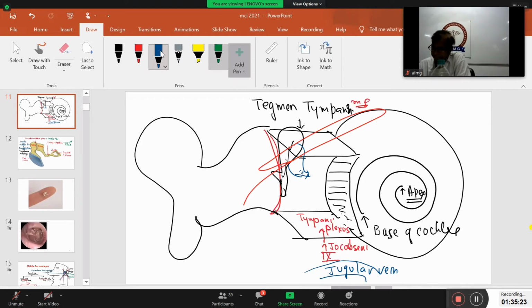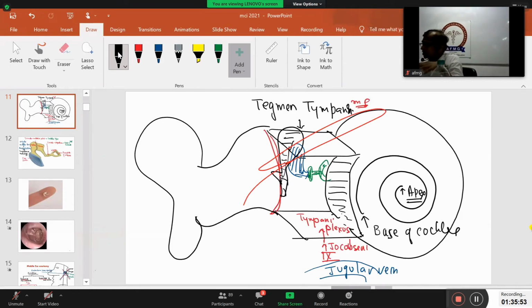Guys, online guys. And this is the stapes. So this is the first ossicle, malleus, the second ossicle, incus, and the third ossicle, stapes. So the tympanic membrane is only touching the malleus, as you understand.